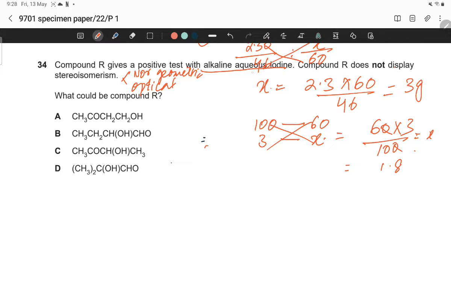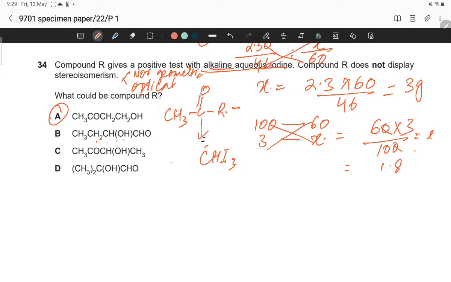So if CH3C double bond O is present, it can react with alkaline aqueous iodine to form CHI3, a yellow precipitate. It does not show geometric or optical isomers.